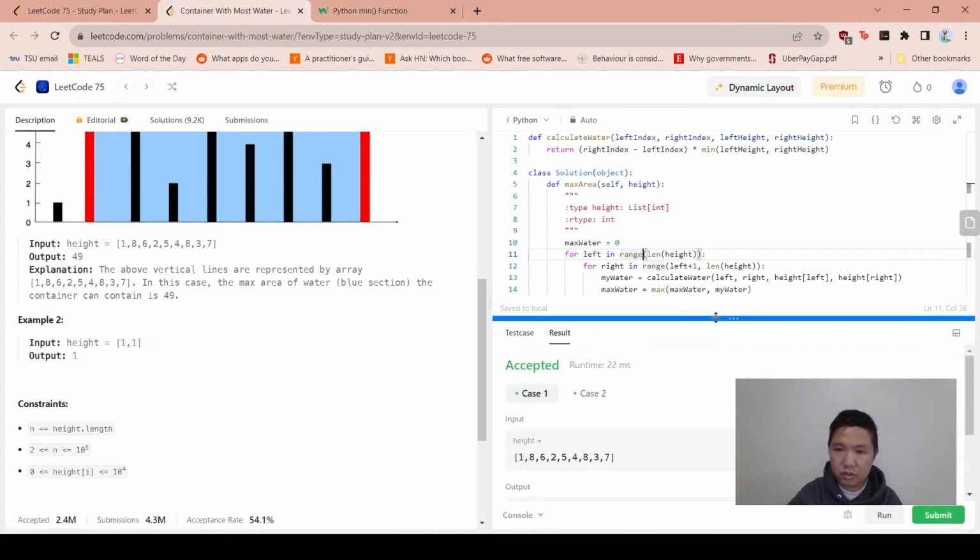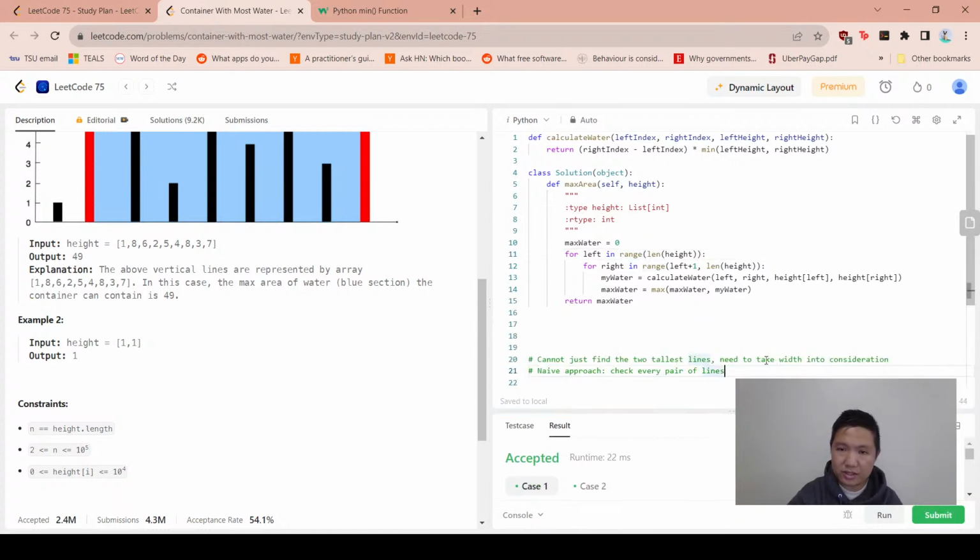It is slow because let's think about what the time complexity of our solution is. Calculating water is the most complicated operation that we have mathematically, but it is still an O(1) operation. So this part is O(1). And how many times do we run this O(1) block of code?